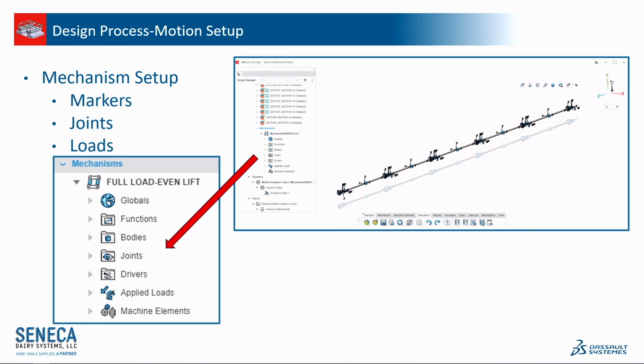But when I'm performing a motion study or a motion setup, generally I have slightly different objectives. And by using these markers and the joints and the loads, I have to think about it that way. I think about it as a mechanism. That was a bit of a shift for me.